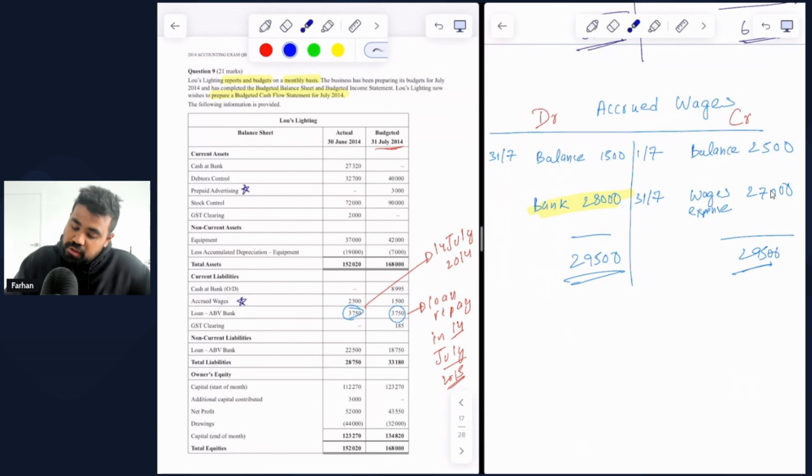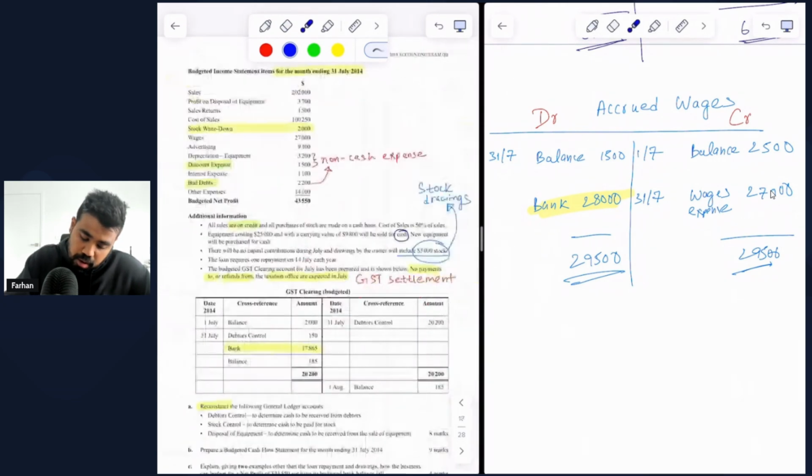So both of these amounts are included here. Opening balance of 2,500 on the credit side and closing balance of 1,500 on the debit side. Then I've included the wages expense of 27,000 for the period, and that is taken from the budgeted income statement.